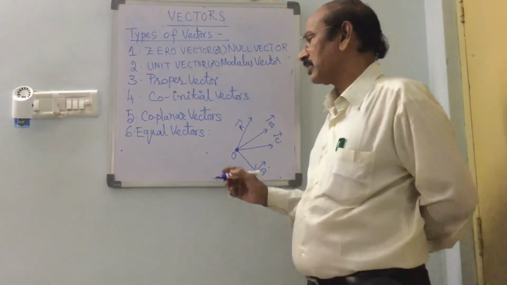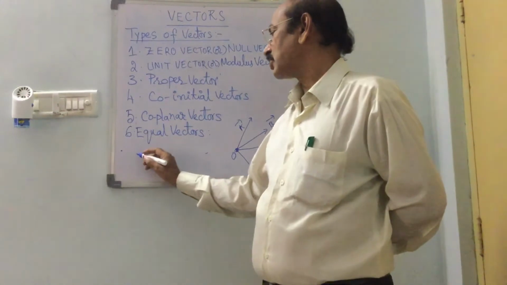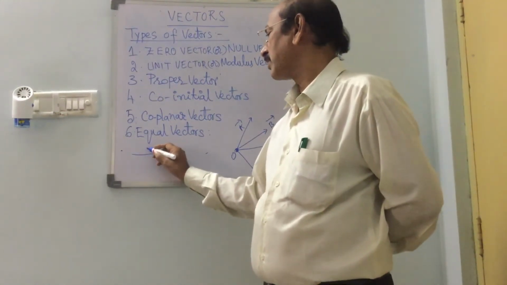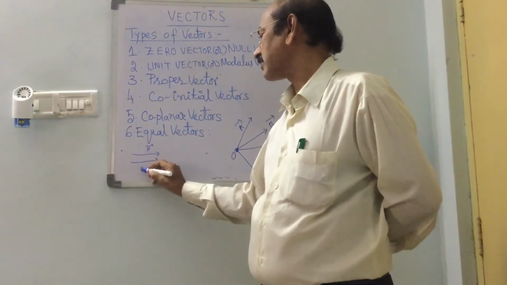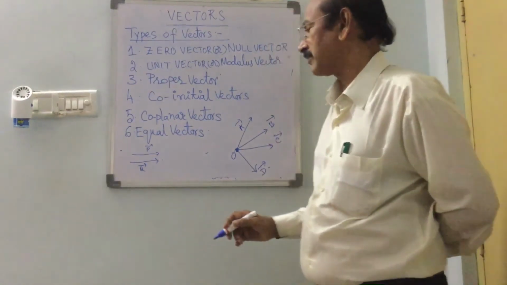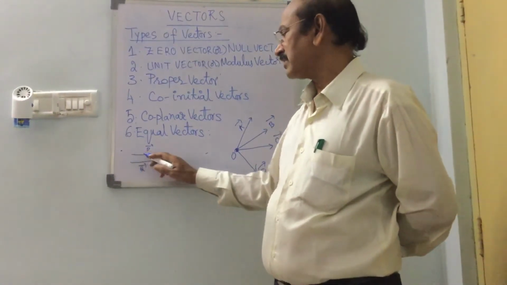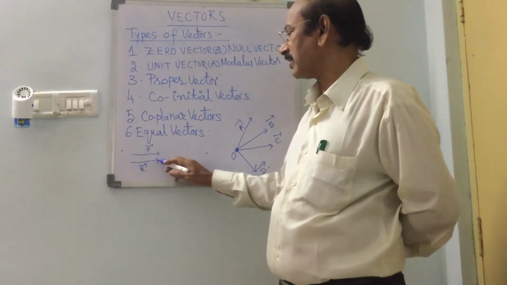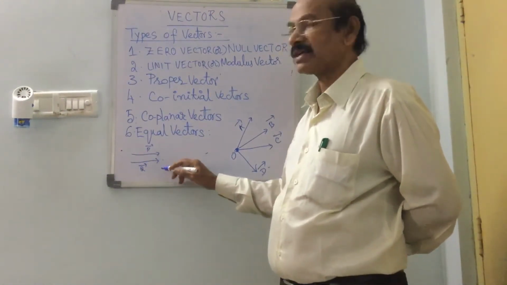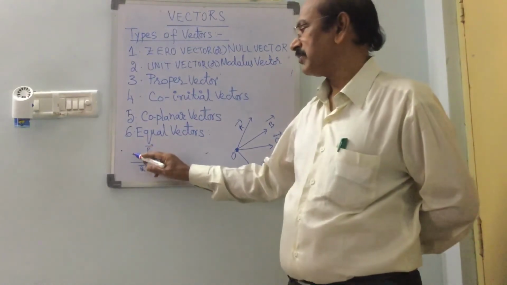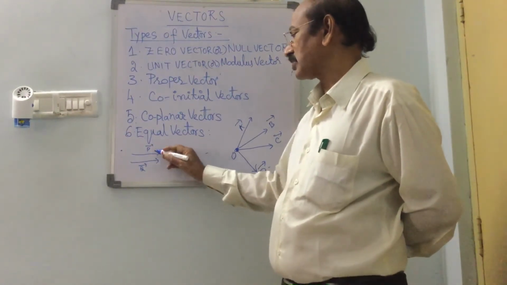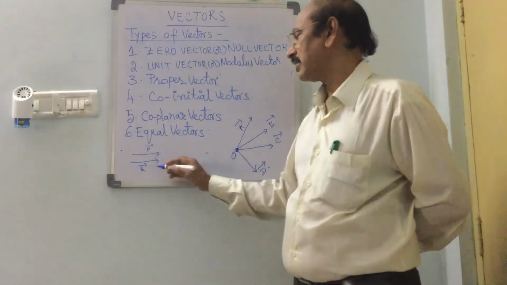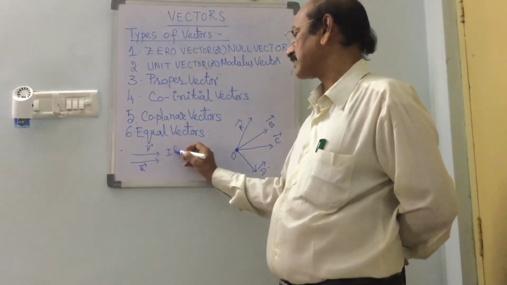For example, if we consider two vectors p bar and q bar, and their length is the same and their direction is also the same, whatever may be their initial points, then those two vectors are called equal vectors.